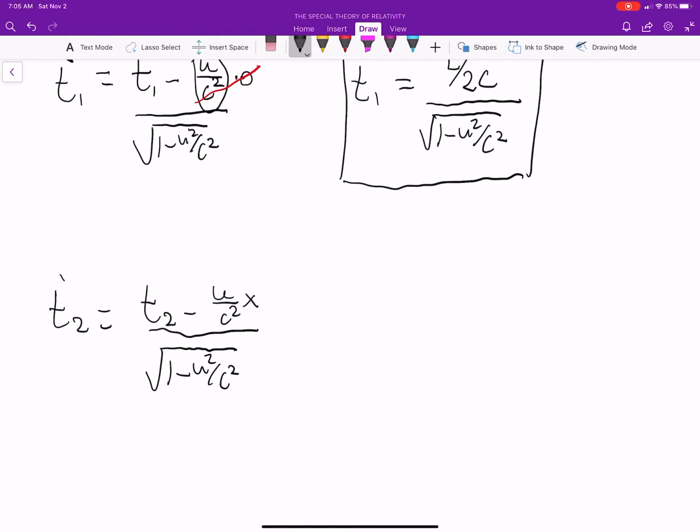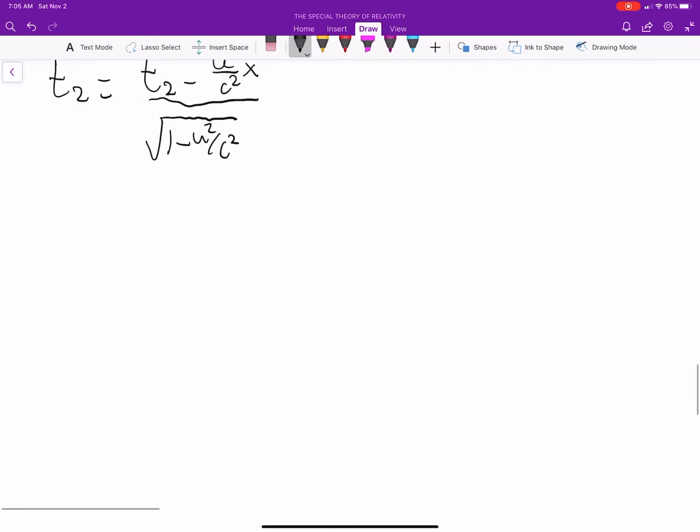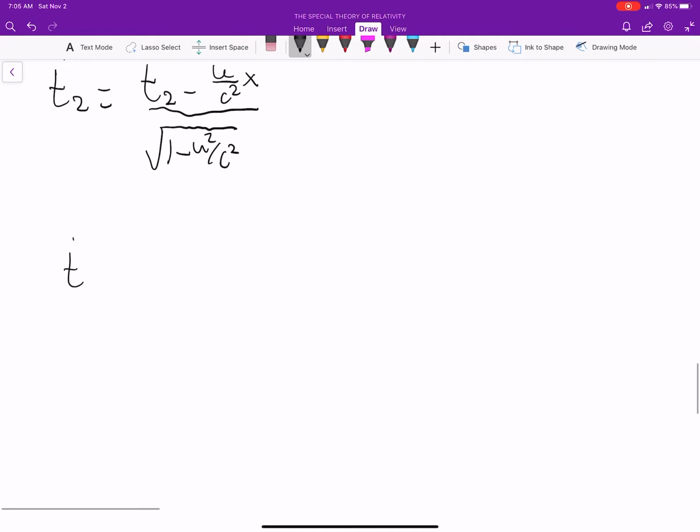So if we were to write this out, t prime 2 equals, well, time 2 we said was L over 2c, right? That's t2.